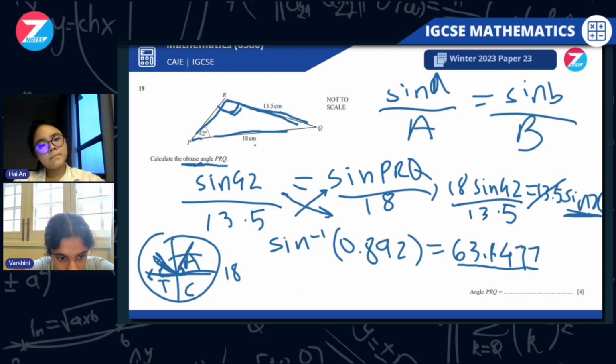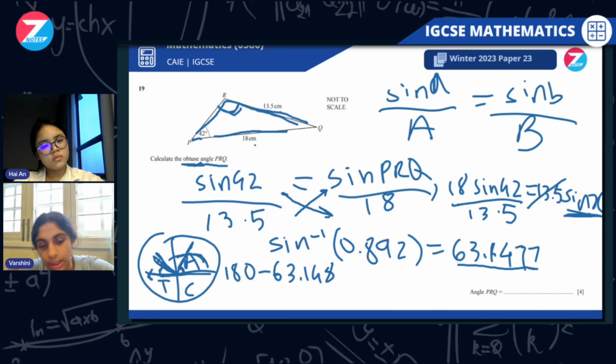So to find the obtuse angle, which is this angle, we just need to do 180 minus our angle, which is 63.147 something. If you're getting confused by the unit circle, you could always just memorize that for sine the rule is just 180 minus the angle to find the obtuse angle.